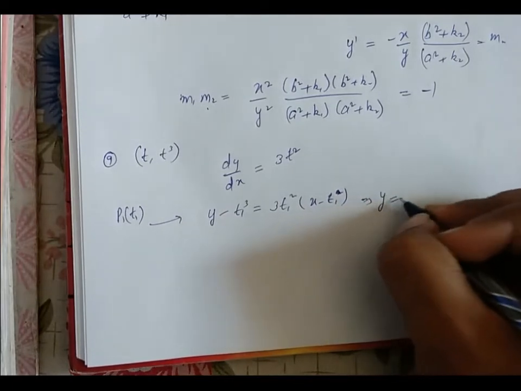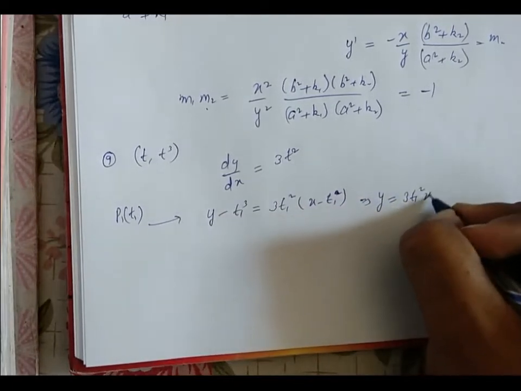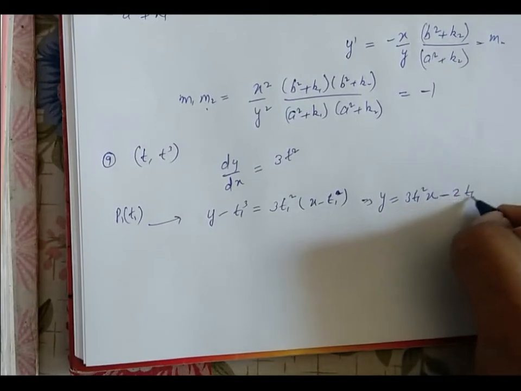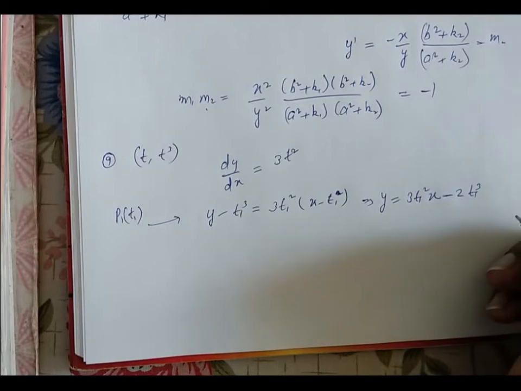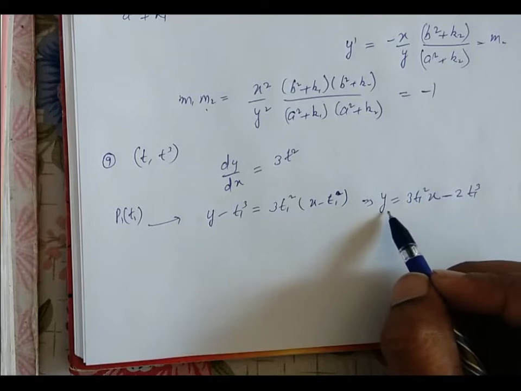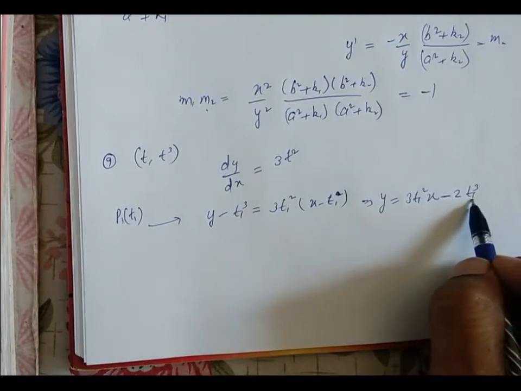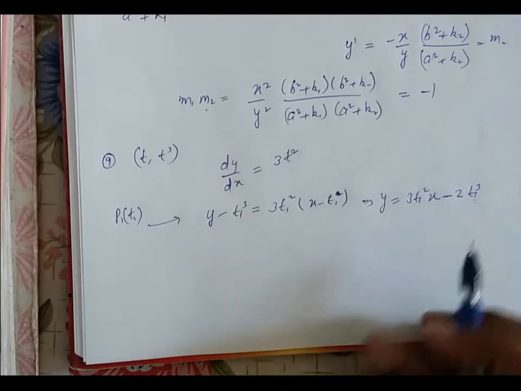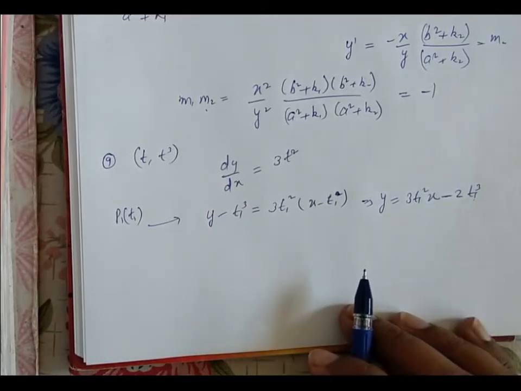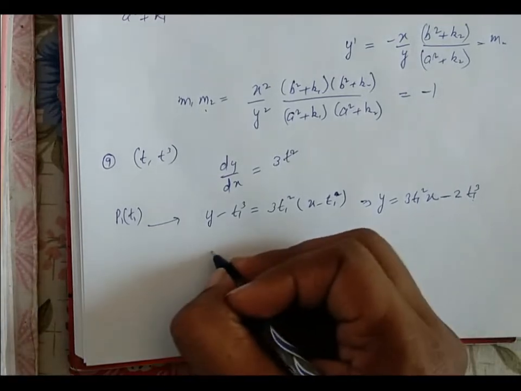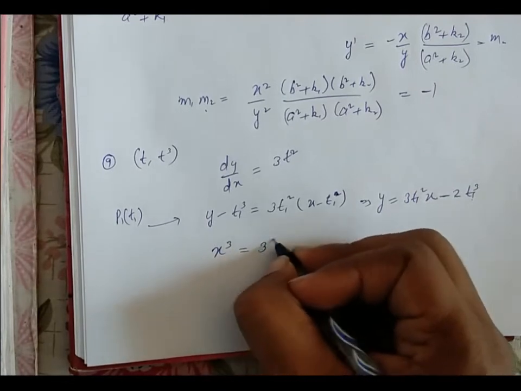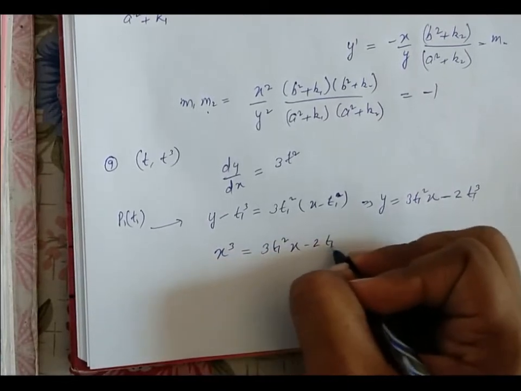Okay, so y is equal to 3 t1 square x minus 2 t1 cube. Okay, now we'll calculate the intersection of this line with the given curve y is equal to x cube. Okay, so x cube should be equal to 3 t1 square x minus 2 t1 cube.